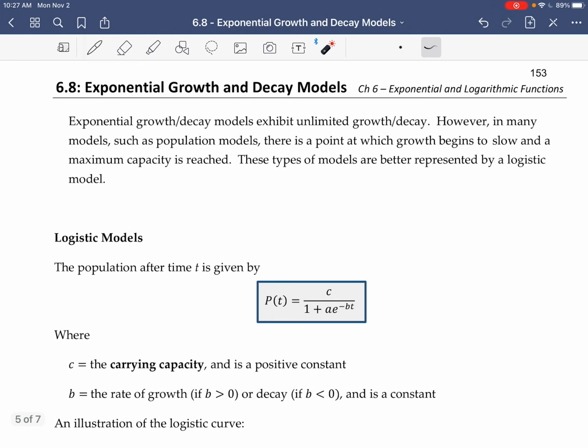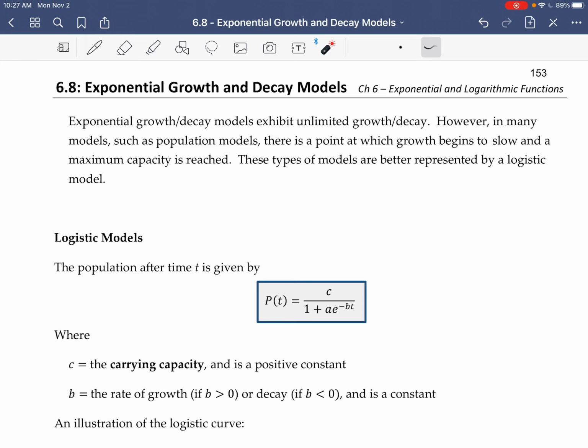And let's talk about exponential growth and decay models that don't have unlimited growth or decay. Here, it makes more sense that there's often some sort of maximum capacity for a population.